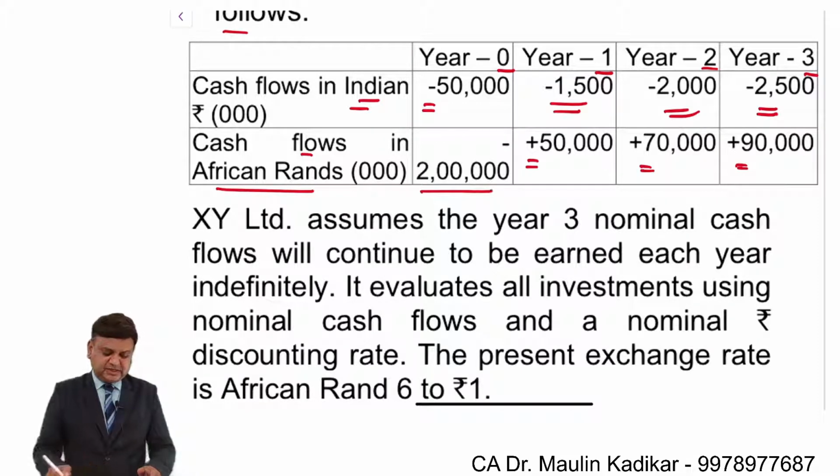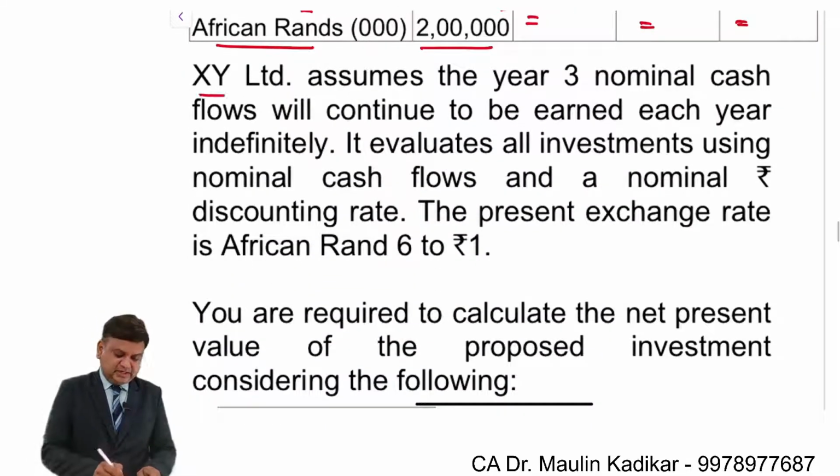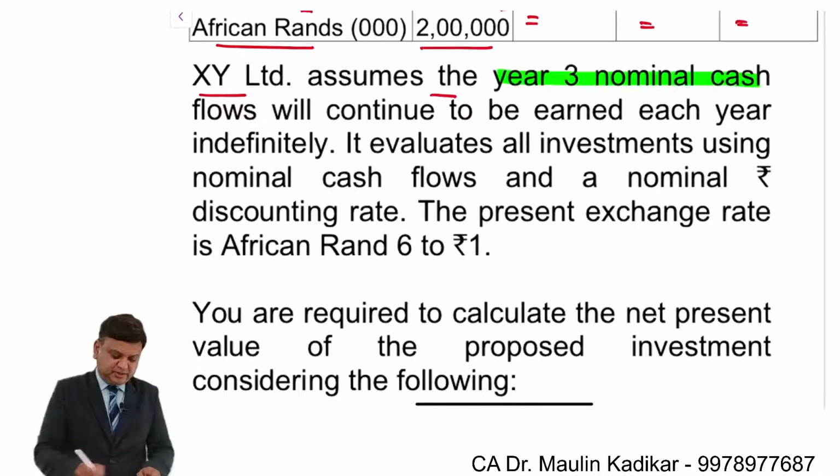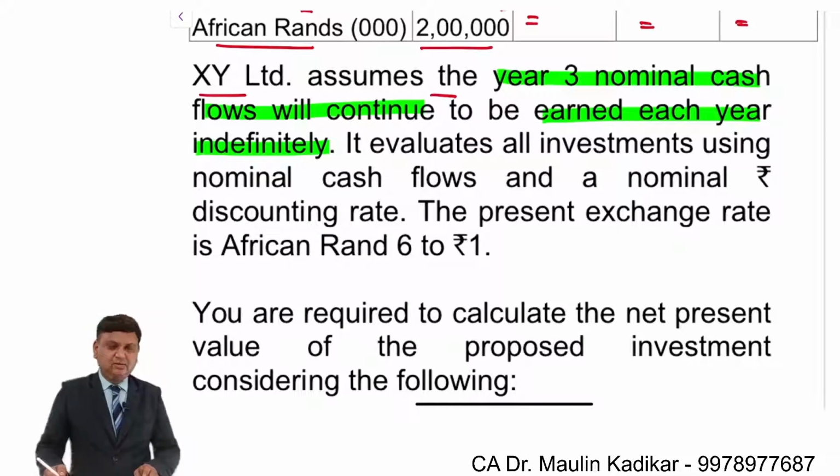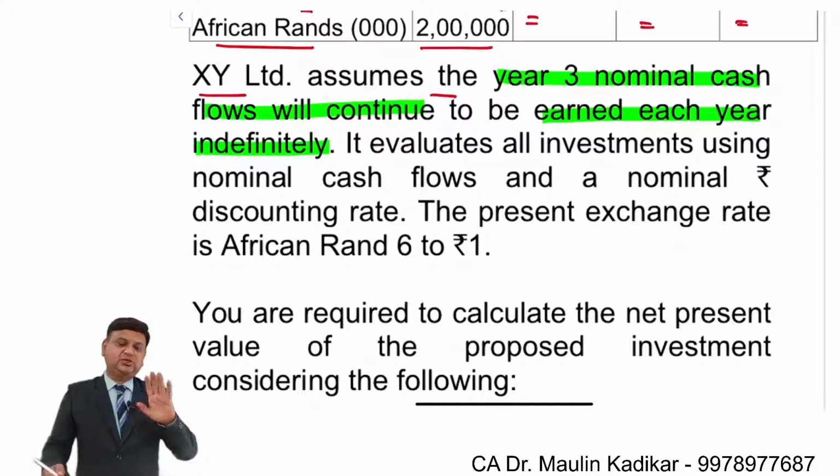Year 0, this is the investment which we are required to make. XY Limited assumes that year 3 nominal cash flow will continue to be earned each year for indefinite time period. So end of year 4 onwards for perpetuity the amount of the cash flow will be the same, and that is the third year cash flow.